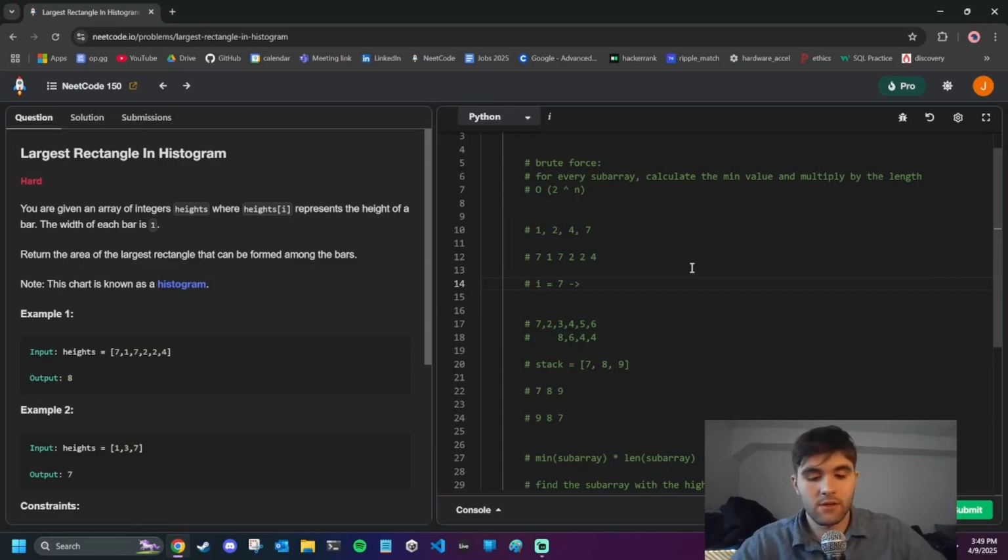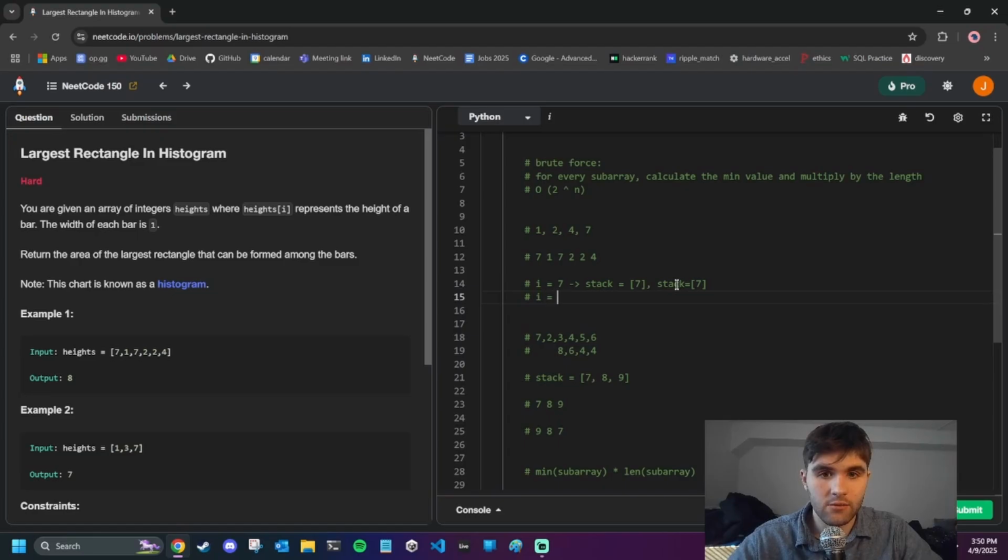So if we start with 7, we'll add anything that's greater than or equal to 7. So we'd say, okay, our possible towers with 7 height are 7. Then we skip this, and 7.